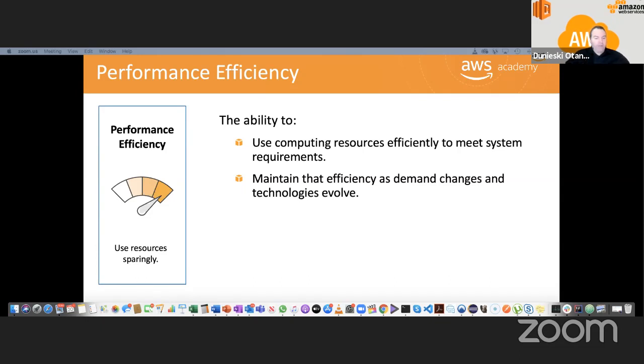You need to have the services that you really need. You don't want to have more than you need or less than you need. So performance efficiency is part of that. It's using resources sparingly, based on the requirements, whatever your system needs. Maintain that efficiency as demand changes and technologies evolve.